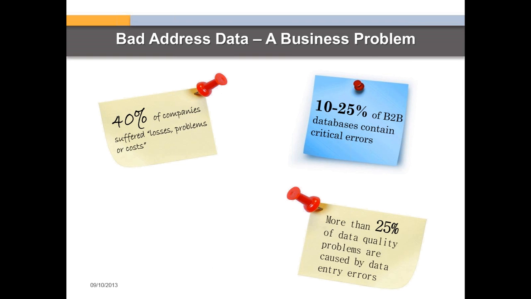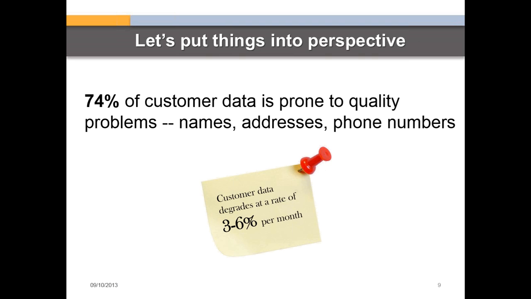According to Sirius Decisions, between 10 to 25% of B2B marketing database contacts contain critical errors. It's important to shift focus from a one-time data cleanse to ongoing data maintenance to reverse course. And according to B2B digital marketing, 25 to 30% of your marketing database can contain useless records.